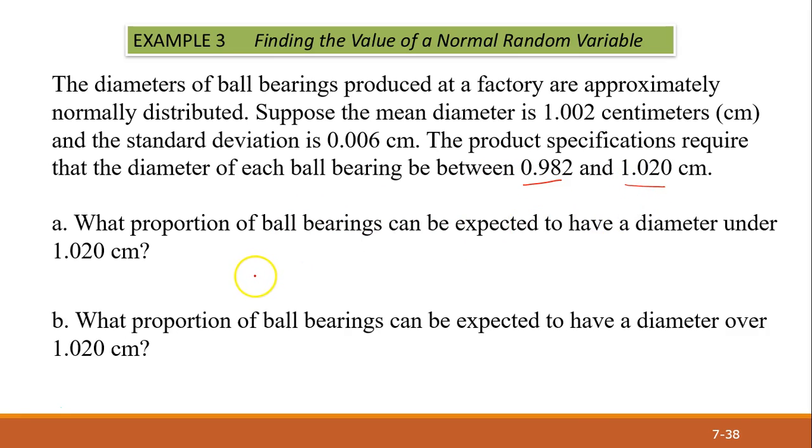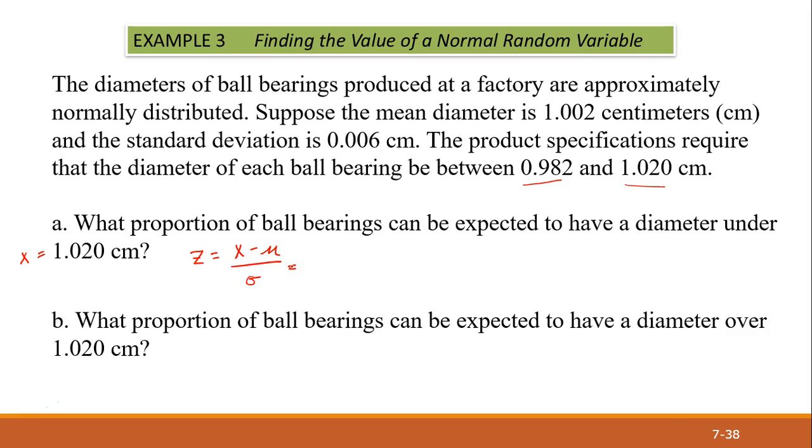And now, first part of the question, we're asked what proportion of ball bearings can be expected to have a diameter under 1.020 centimeters. So, what we need to do is, this is our given X value. We need to find the corresponding Z value by plugging it into this formula here: X minus our mean over our standard deviation.